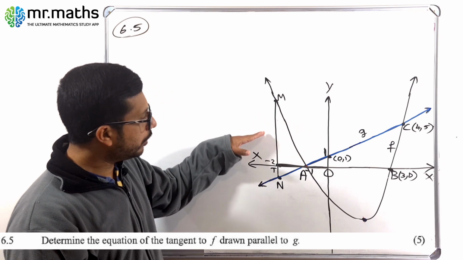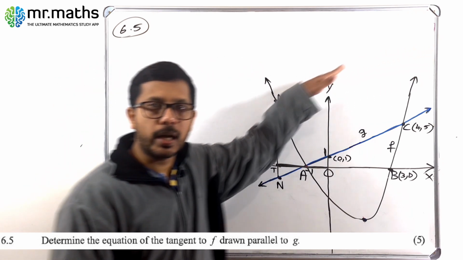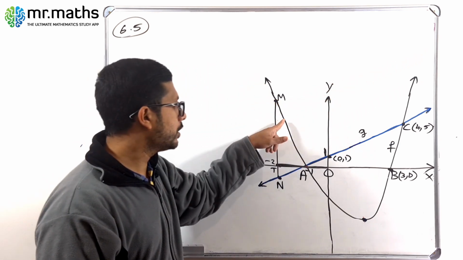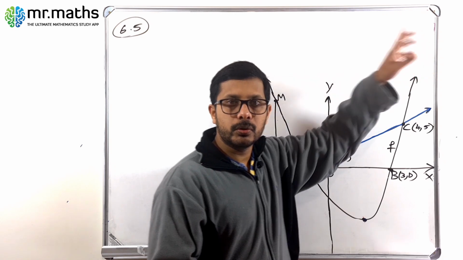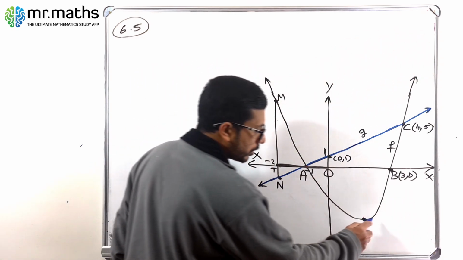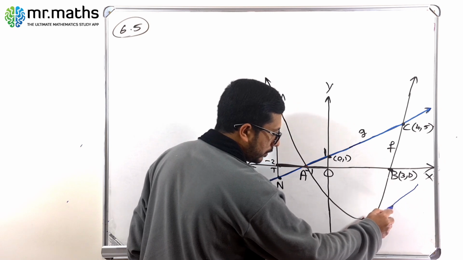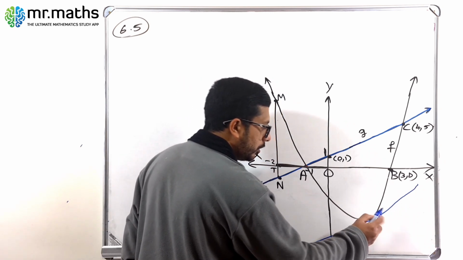If we draw a line here, we can't say that that is a tangent, because if we draw a line parallel to g, it means it will cut here and here also. Am I right? So the only possibility is you have to draw somewhere here a line like this. Now we can see that it is touching that point only once.